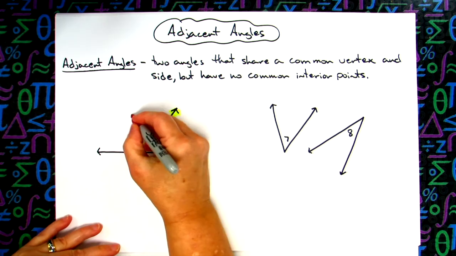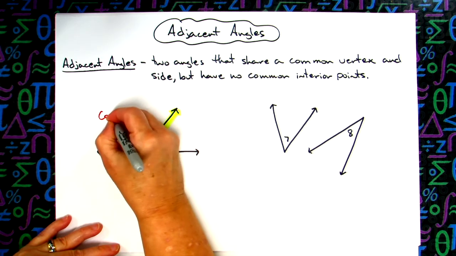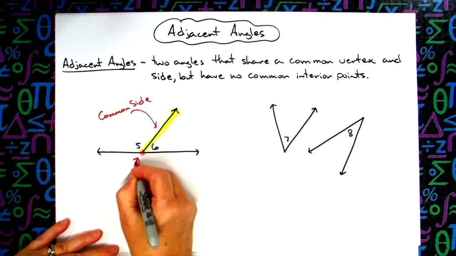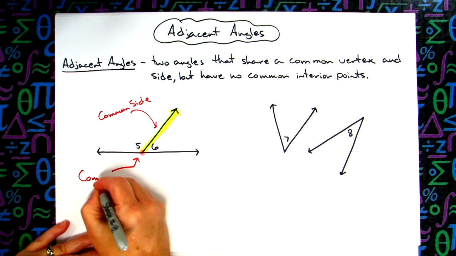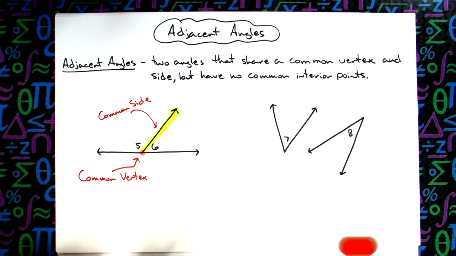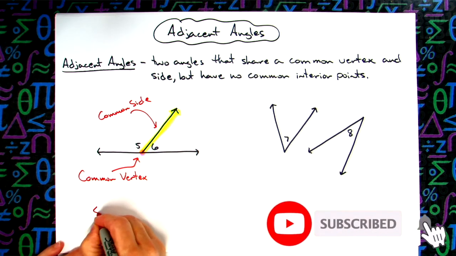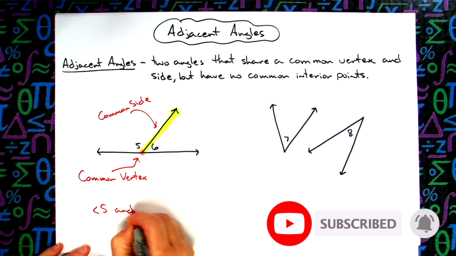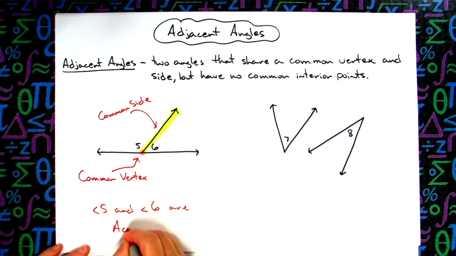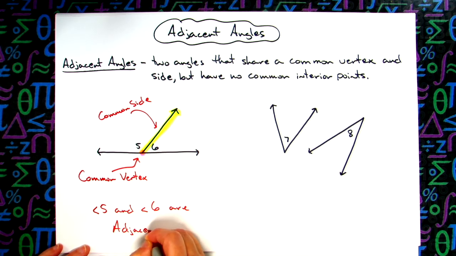So our common side is here, and the common vertex is right there. So it definitely fits our definition. That means that angle 5 and angle 6 are adjacent angles. So that's one example of what adjacent angles look like.